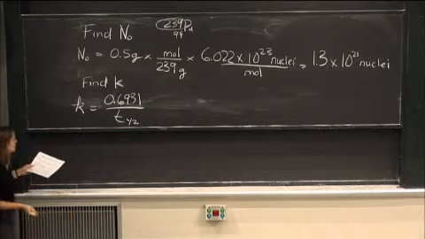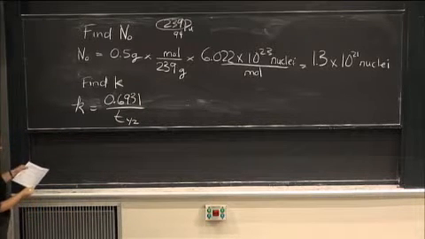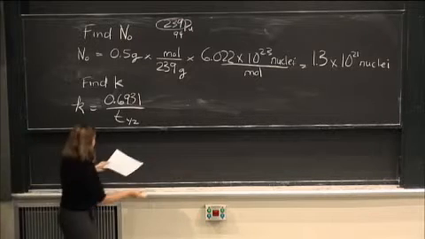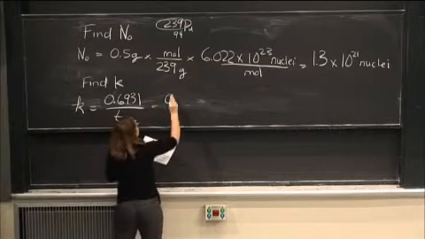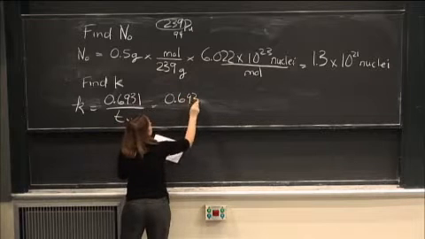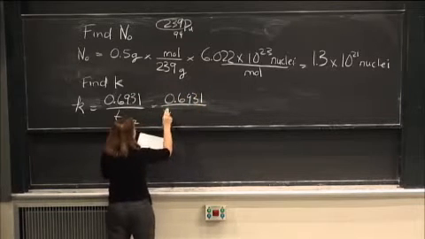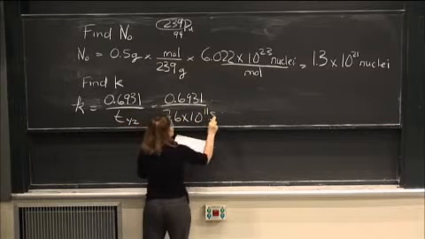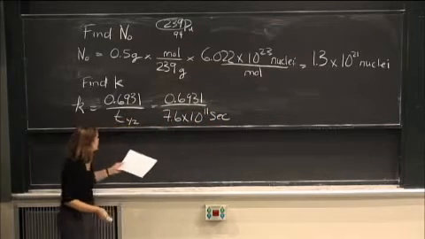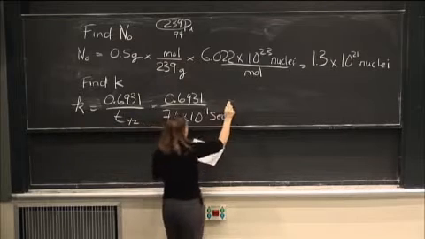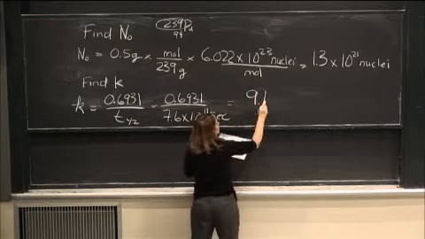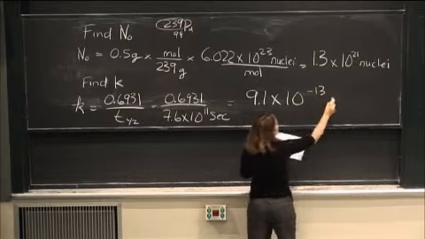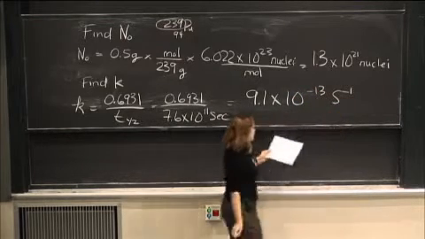And in this problem, we were given the half-life. And often you will be given the half-life, or you can look it up. And so we can put that in. So we have 0.6931 over 7.6 times 10 to the 11th seconds. And we can calculate our constant, which is 9.1 times 10 to the minus 13 per second.